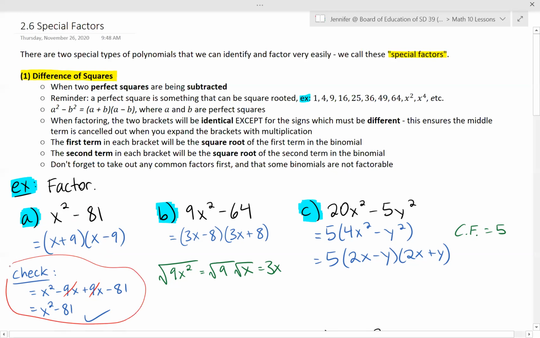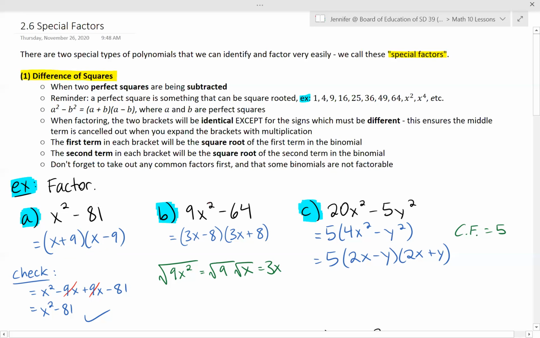I did a check here just to show you why the difference of squares works. If we were to expand these brackets out, we would get x squared minus 9x plus 9x minus 81. This is why that middle term goes away, because you have minus 9x plus 9x. Doesn't matter what it actually is. It's going to be canceled out because these signs are different and everything else is identical.